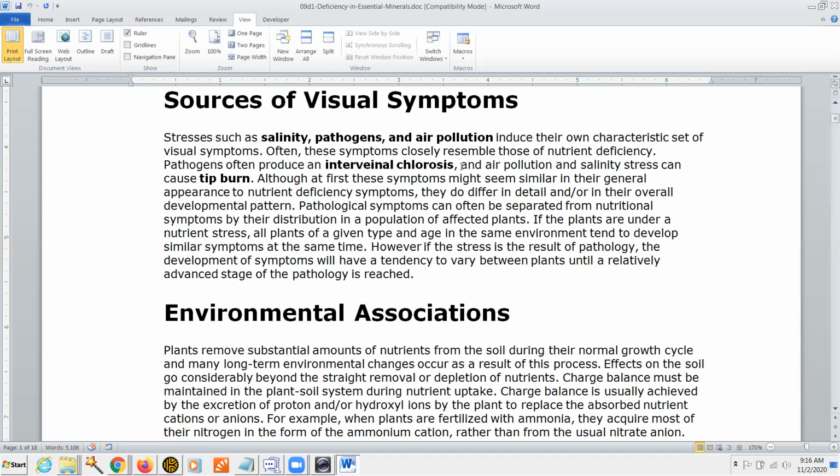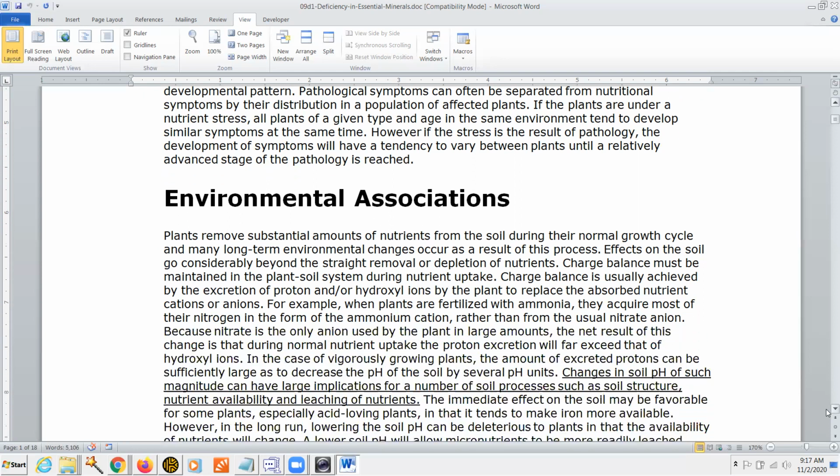And that is something that is unique to certain kinds of either diseases, especially viral diseases, or possibly certain nutritional deficiencies. Something like zinc deficiency can cause an interveinal chlorosis symptom.